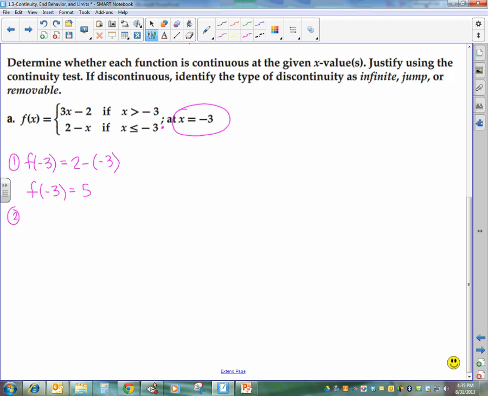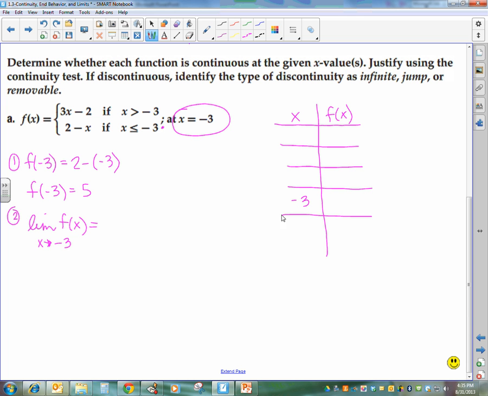All right, second, we look at the limit as x approaches negative 3 of my function. And I'm looking to see if it exists. So let's go do our table. We've got x, we've got f of x, and remember we have 3 values before, 1, 2, 3, with a negative 3, and we have 3 values after.